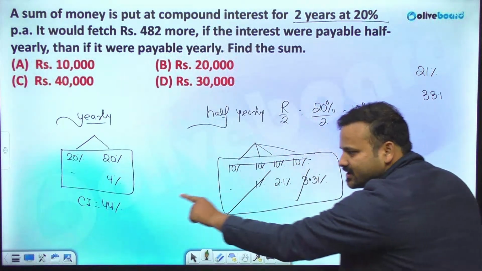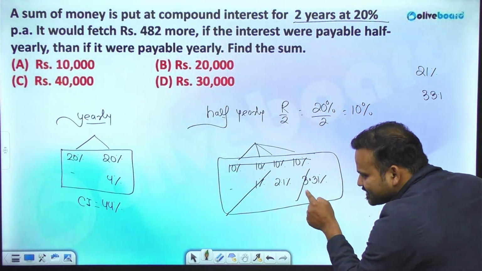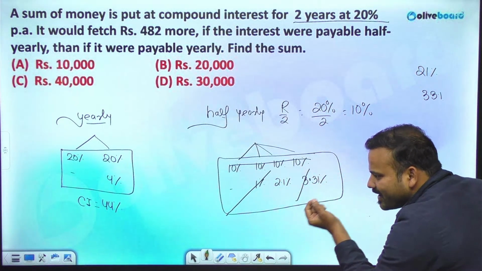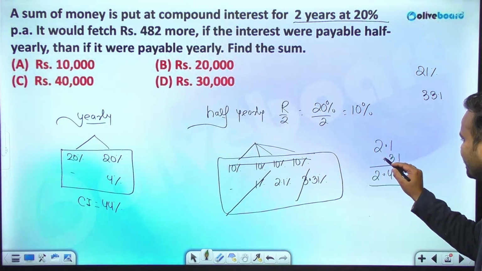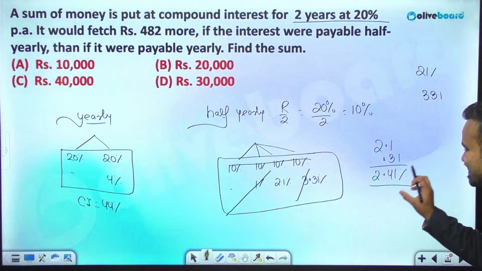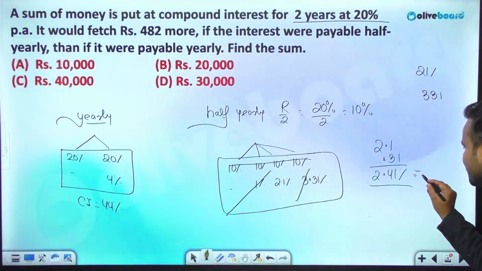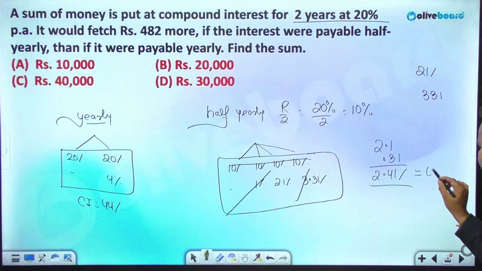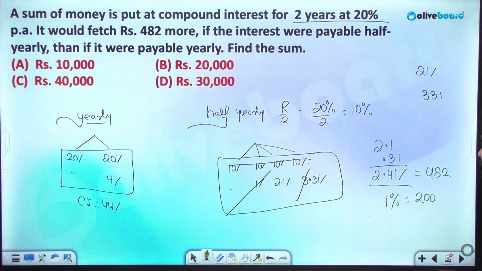Or else, sir, this is 40, 41, 41 plus 3 is 44, eliminated. What is being left out? 2.1 and 0.31, that is 2.41. So this is the extra interest I am getting, and this particular interest is represented as 482 rupees. So 2.41% is 482. 1% will be 200.